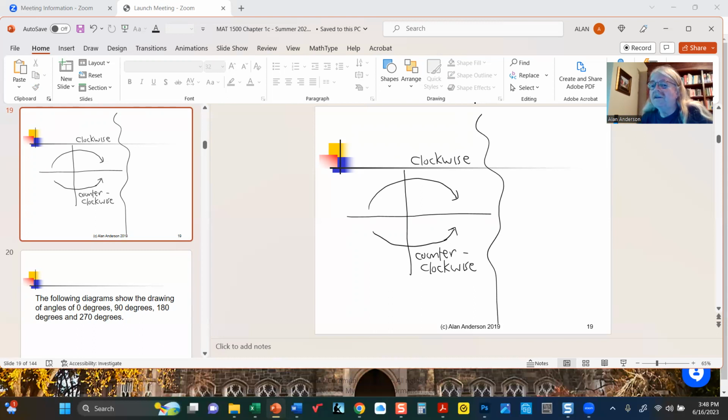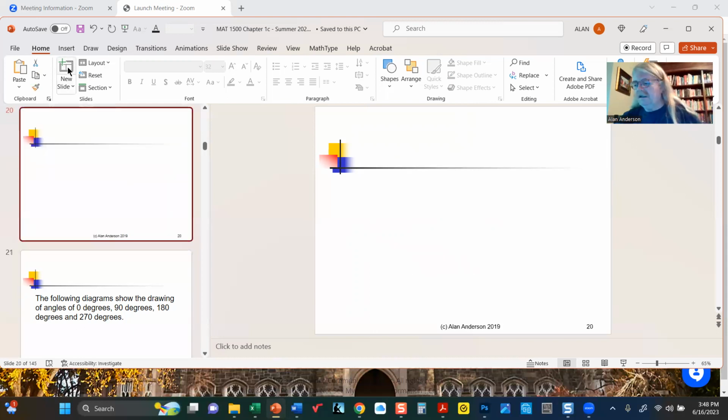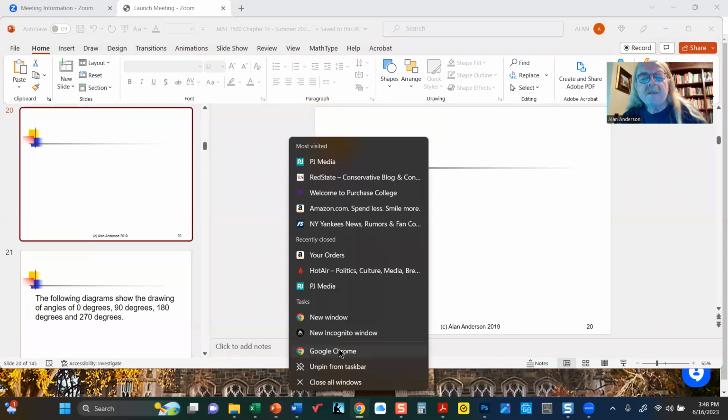Well, it turns out there's a very good reason for that. And so I'm going to show you why these names came about. But in order to do this, I need a special diagram from Google.